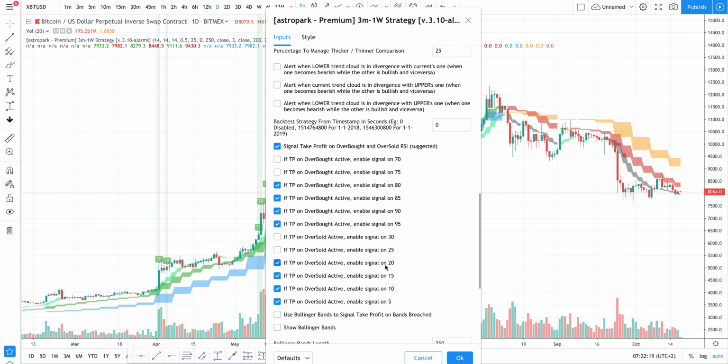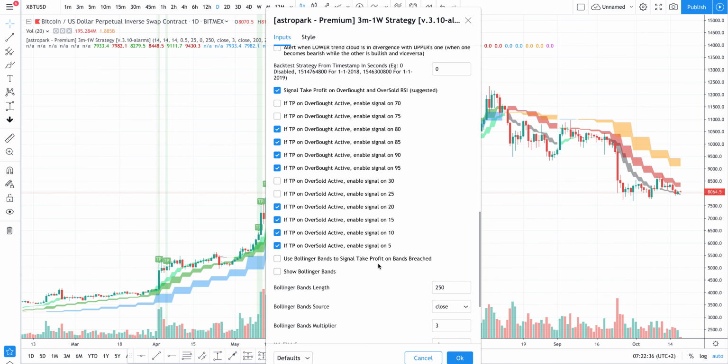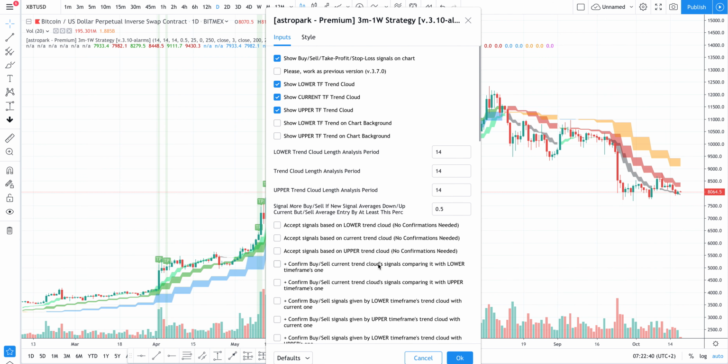But if you trade on lower time frames, 5 minutes, 15 minutes, then we should disable the 20 and the 80, because it's easier to get into oversold and overbought. You can activate Bollinger Bands. You also have some important HMA and MA you can use.